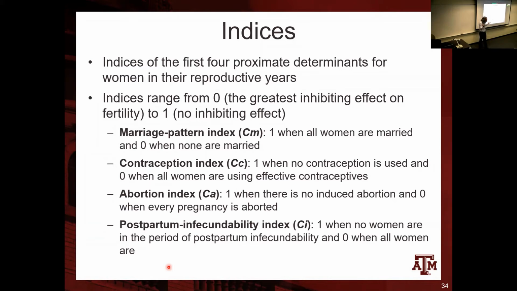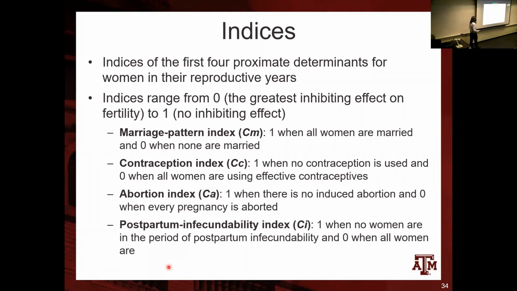You don't have a society that will have an index exactly equal to 1 or 0 in any one of these indicators. So 0 to 1 is the range. In the theoretical example, 1 is when there is no induced abortion, no inhibiting effect, fertility goes up. 0 is when every pregnancy is aborted, that's the greatest inhibiting effect from abortion, fertility goes down.